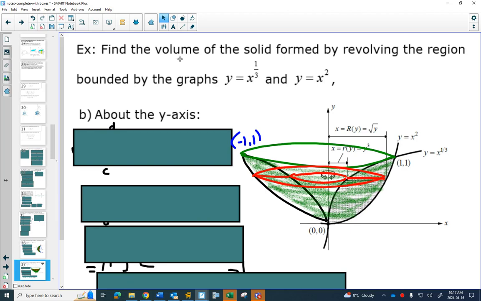The area of a circle is pi r squared. And since the area between 2 curves is an integral, the volume becomes each of these circles added up, which we can do by integrating pi r squared.